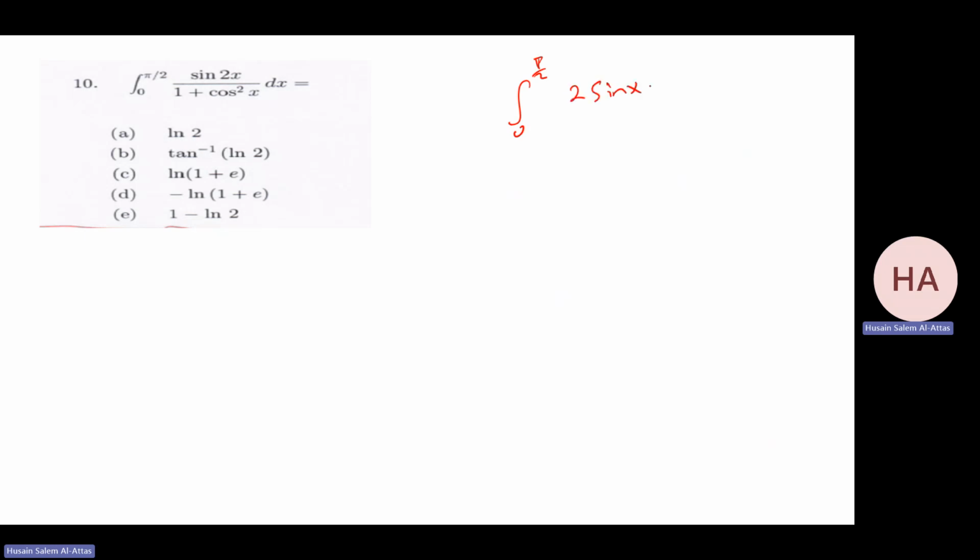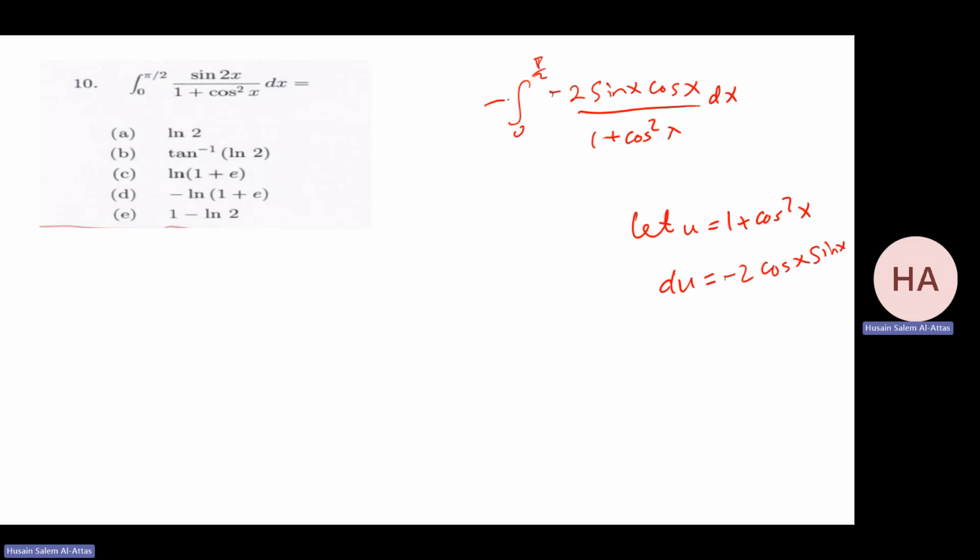Okay, that will be 2 sine cosine over 1 plus cosine squared dx. So if I let u equal 1 plus cosine squared, what will be du? Don't forget the minus 2 cosine sine. So I need minus and minus outside, that will be minus.